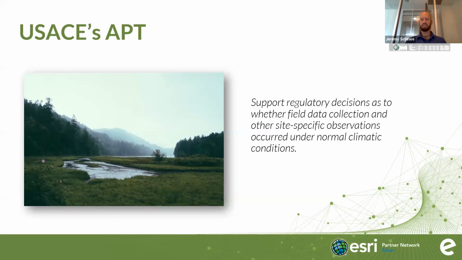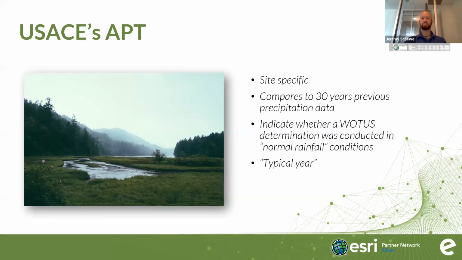So let's get a little bit deeper into what that looks like and how the APT tool is helping us with that. So APT tool is site specific. You put in your coordinates or a series of coordinates or a polygon, and we'll show you how to do that here in a moment.